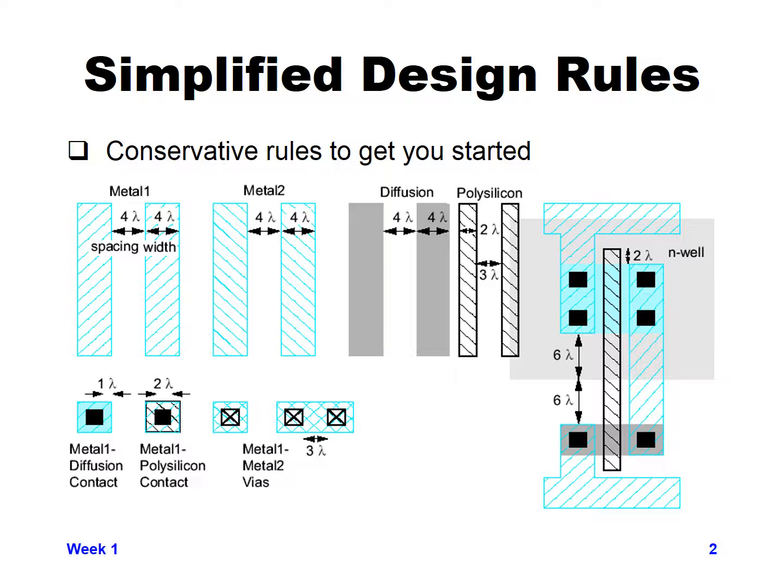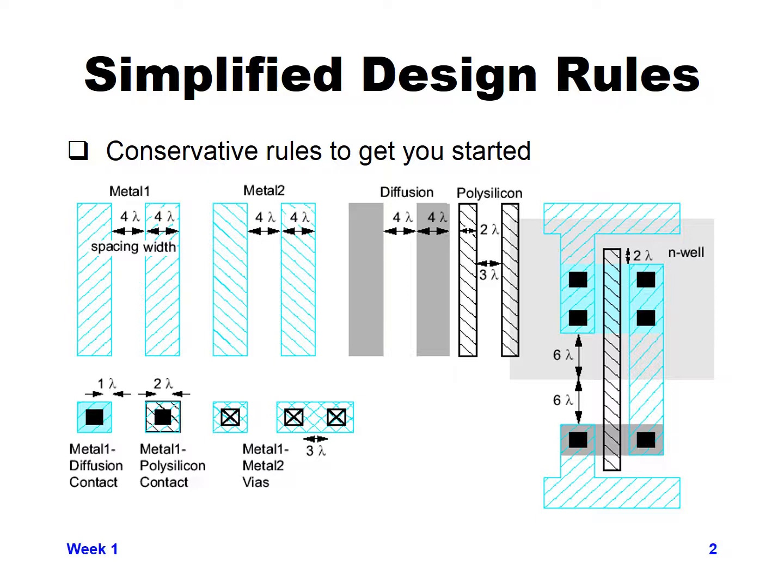Then a couple other design rules that are shown on the right hand side here are inside the N well. If you have a PMOS transistor defined by P plus diffusion, the N well has to be wider than, or overlap, that P plus diffusion by at least 6 lambda extra.